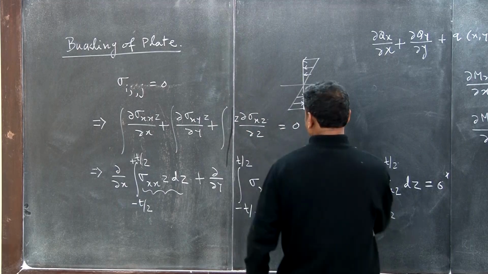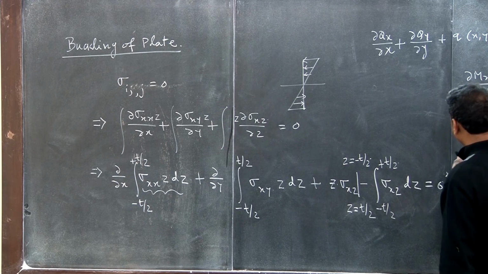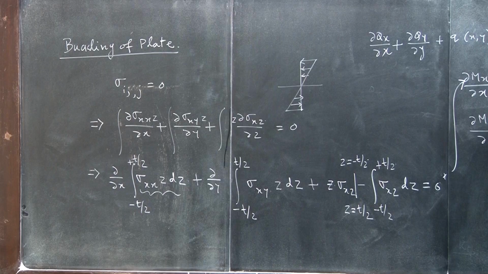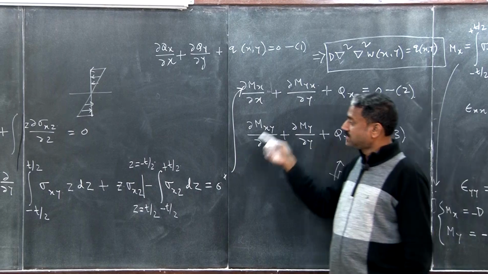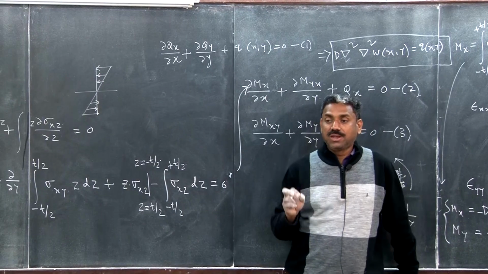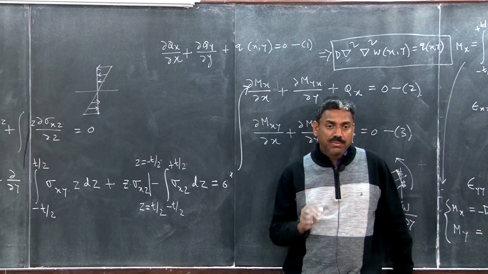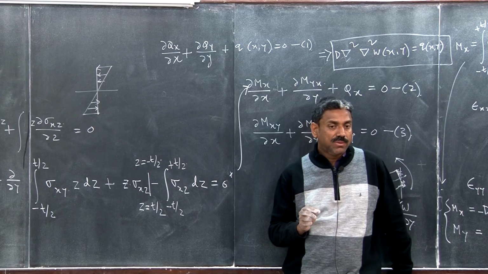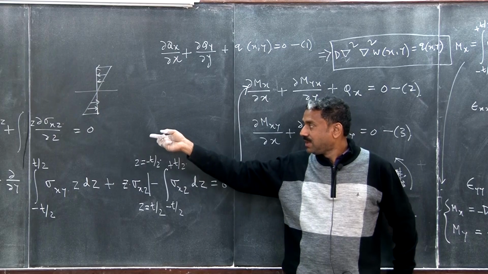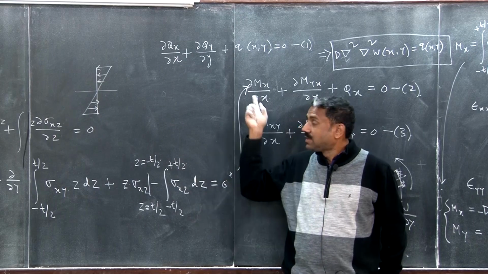So do you see that this equation is leading to this equation? Right? This equation we can obtain without going into anything. We can derive that just from the equilibrium equation that we have learned in mechanics, right? Directly multiply the equilibrium equation with z and integrate over the thickness, and we get this equation.